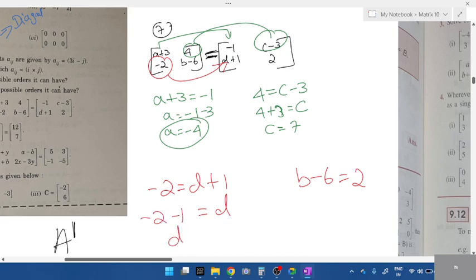Okay, what is D? 3 or minus 3? Everything matters. Plus, minus, all those matter. Minus into minus is plus. 2 is greater, so minus 3. What is B?